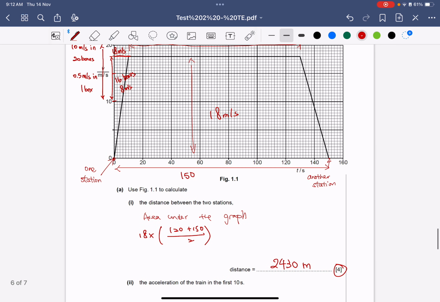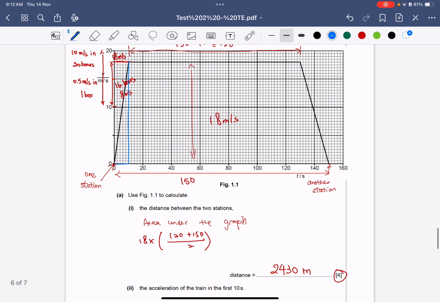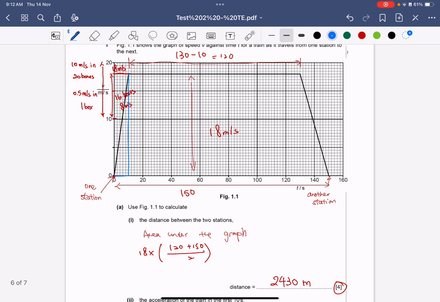Acceleration of the train in the first 10 seconds. So first 10 seconds, well, it's only here. How to find acceleration? Gradient. So the rise over run. Rise is 18. Run is 10.